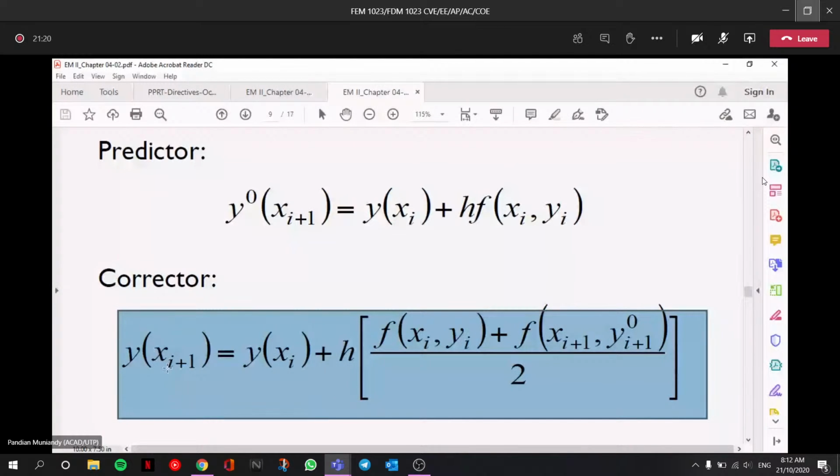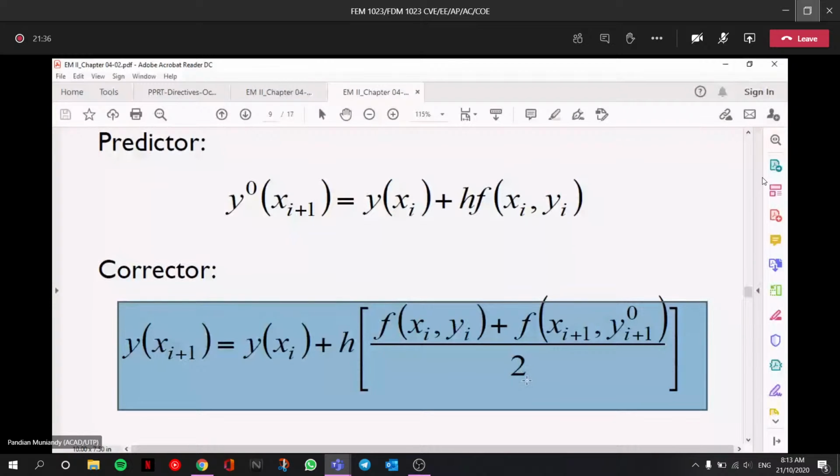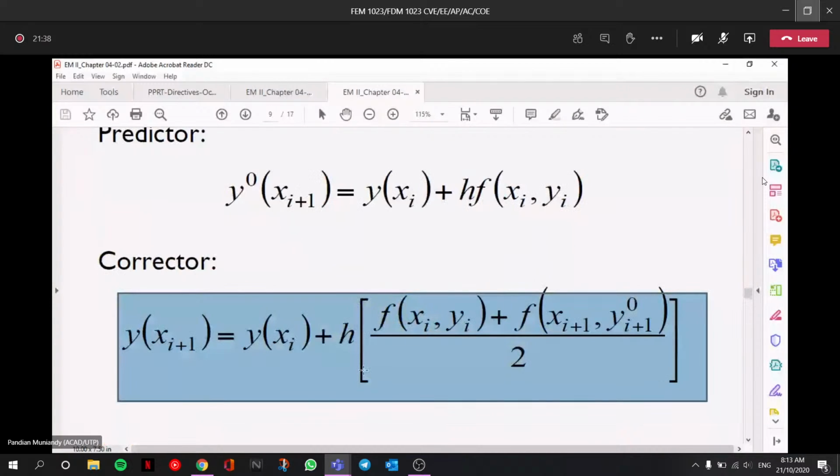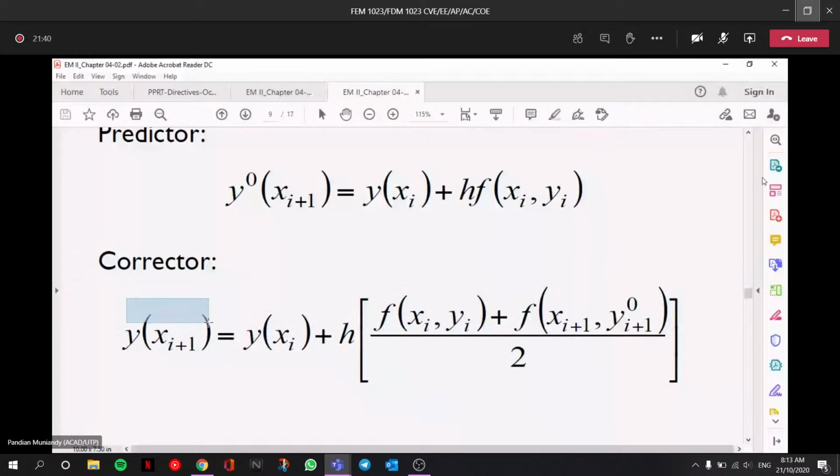So y(x_{i+1}) equals y(x_i) plus h, in the bracket, f(x_i, y_i) plus f(x_{i+1}, y naught_{i+1}), divided by 2. So this corrector will give you the final answer.